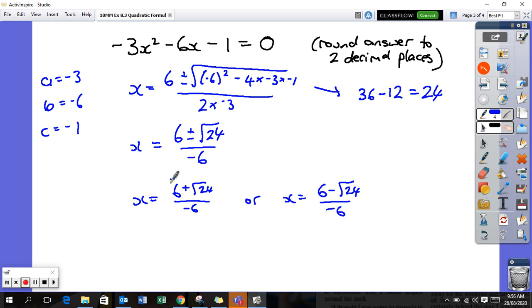Just be careful when you're putting that into your calculator. Make sure you put brackets around the top, so we do the top first. You either do that or hit an equals sign before you do the division, otherwise you're just dividing the second term. So I've got bracket 6 plus square root of 24, close bracket, divided by negative 6, and rounding to 2 decimal places I get negative 1.82.